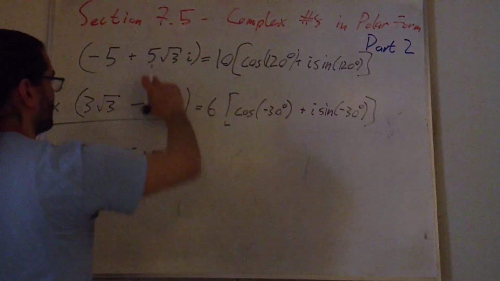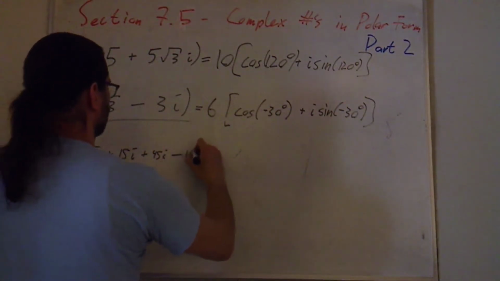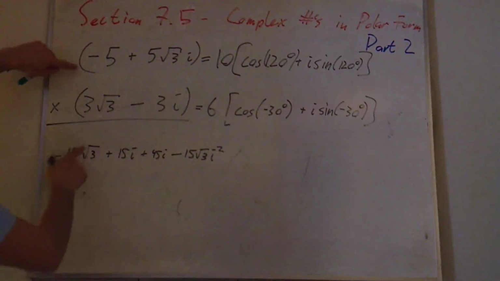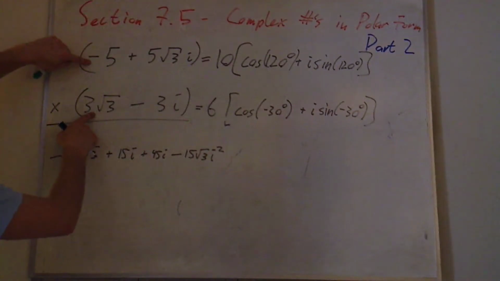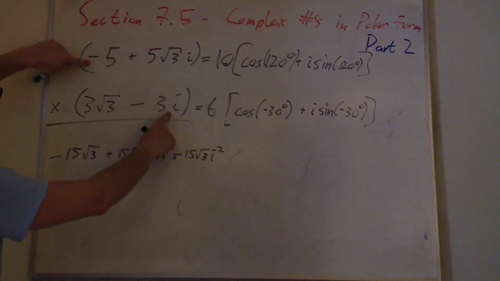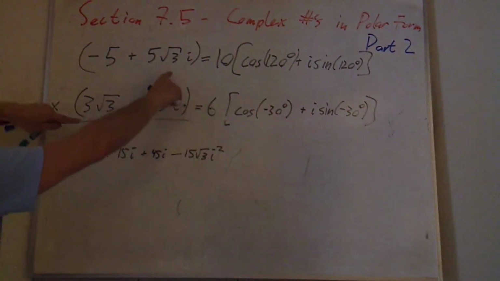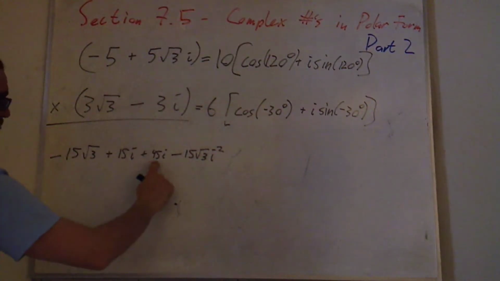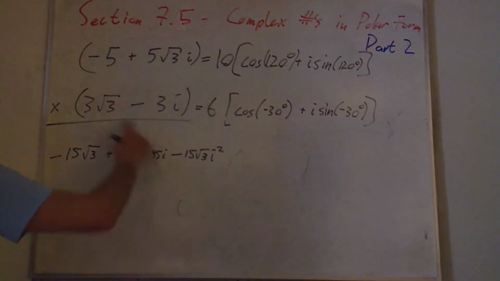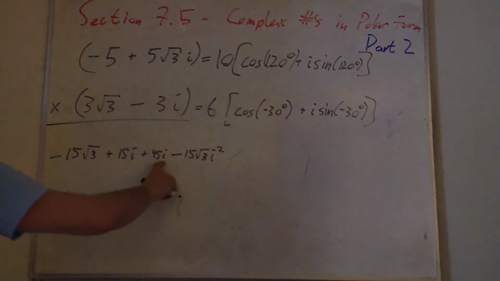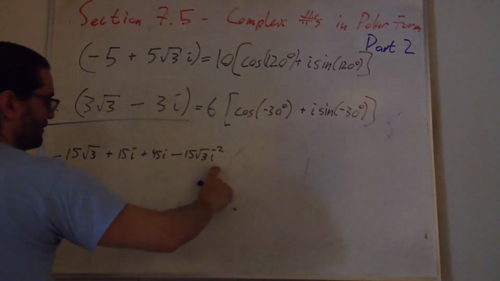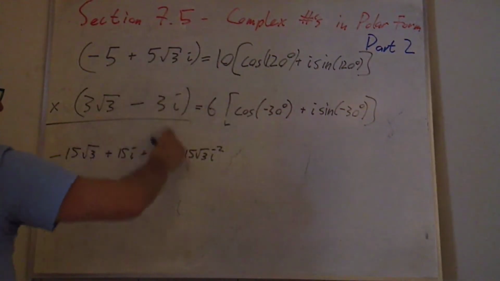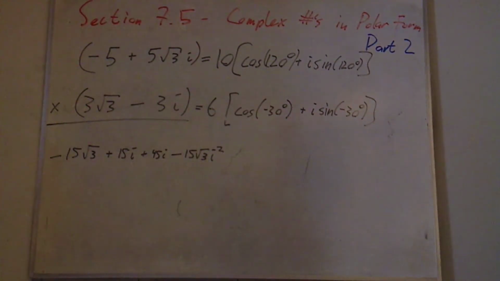And then the last term should give me a minus 15 root 3 i squared. So again, negative 15 root 3 from the first term. The middle term should be positive 15i from these two, and 15 times 3i should give me 45i for the second middle term. These root 3's are getting messy, I know. Bear with me. And the last term, the i squared term, should be negative 15 root 3. So that's where all these pieces came from.